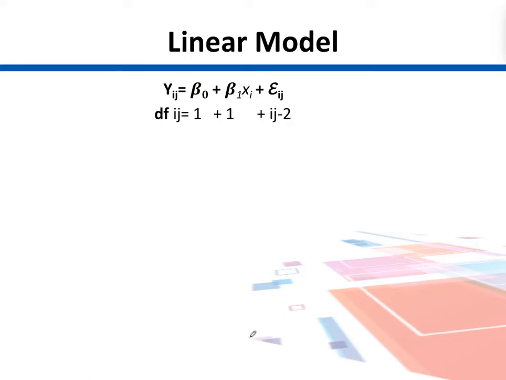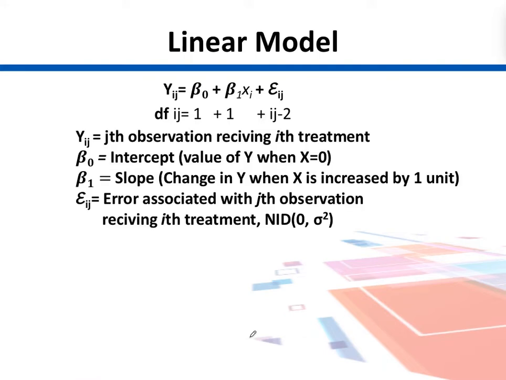Degrees of freedom are 1 plus 1, and for the error term it's ij minus 2, where y_ij is the jth observation receiving the ith treatment, beta naught is the intercept, the value of y when x is equal to 0, beta 1 is the slope, the change in y when x is increased by 1 unit, and e_ij is the error term associated with the jth observation receiving the ith treatment, NID(0, sigma squared).